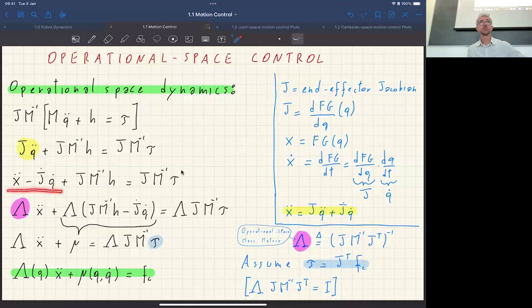Is that clear? The reason why I did that is because my objective is to move from joint space to Cartesian space. And now I managed to get rid of the joint space accelerations in exchange for the Cartesian space acceleration. So I'm moving towards my objective.